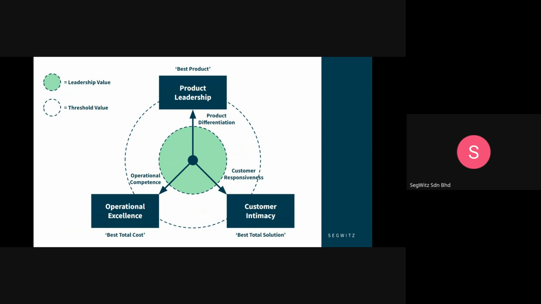One of them is how we focus on operational competence. When we talk about operational excellence, I mean we have to build the product in a way where it should not be very difficult for them to maintain and upkeep the product when it starts scaling.